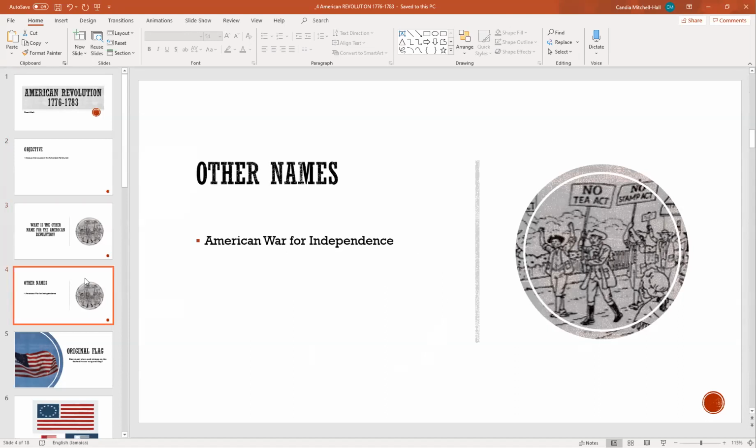So you're correct. Another name for the American Revolution is the American War for Independence. So if you're reading and you see American Revolution, or if you go online and you see the American War for Independence, it's talking about the same event. All right. Next.